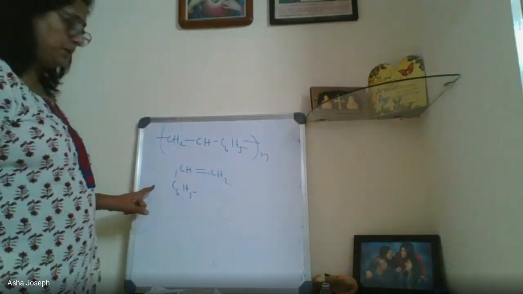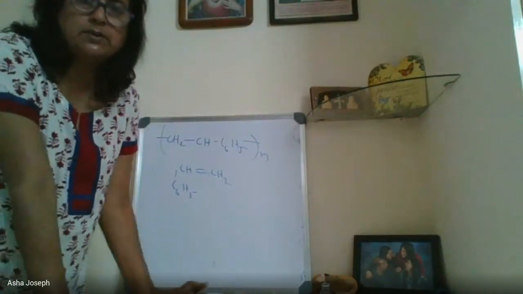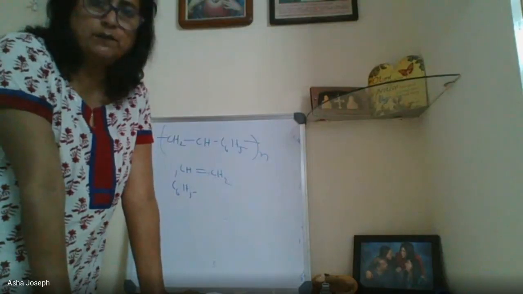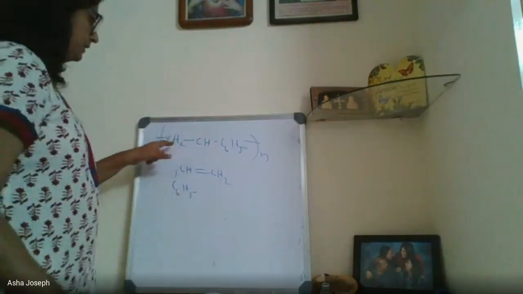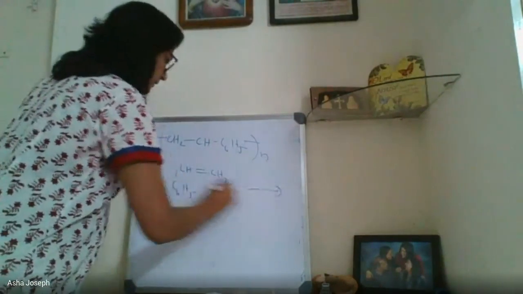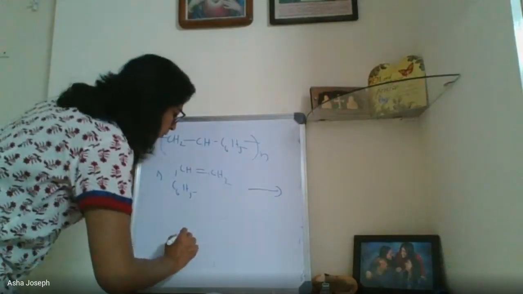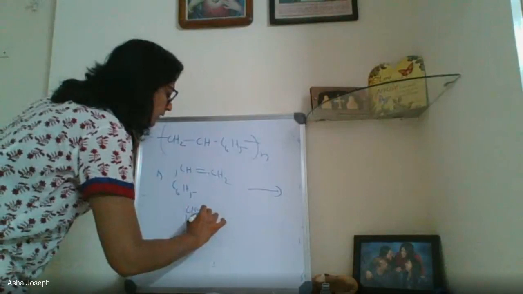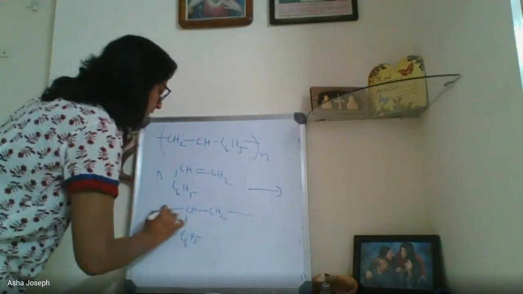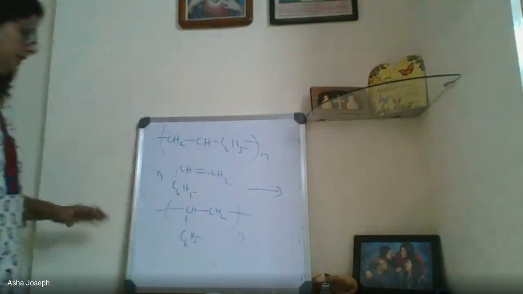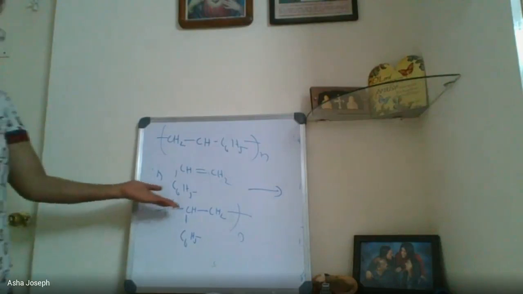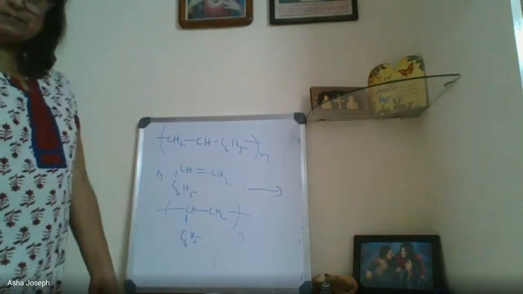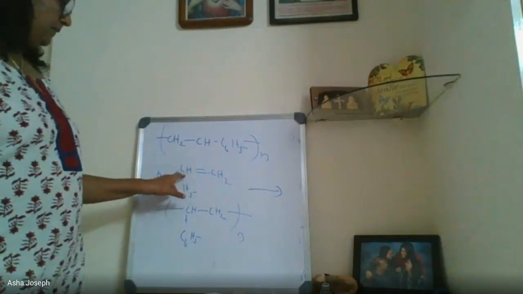Here, when you write the polymer, the double bond we remove. In this case, for the polymerization N times, I will remove the double bond and bring the C6H5 part down, and this N times. It is the same thing. You can put it in any way. So this is the only possible monomer.